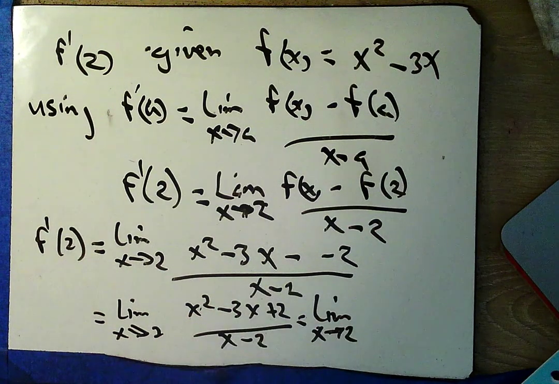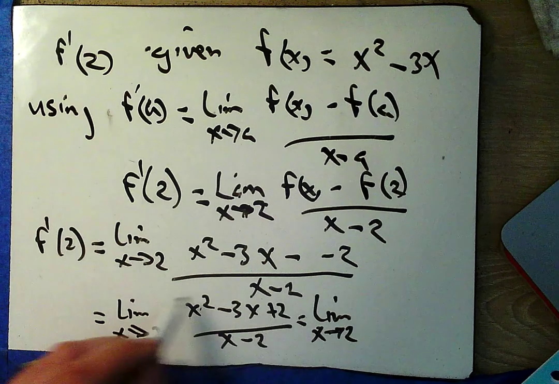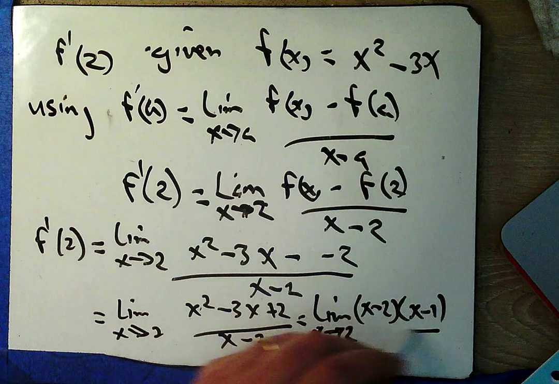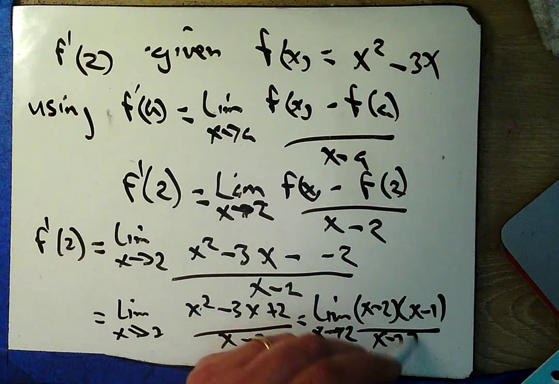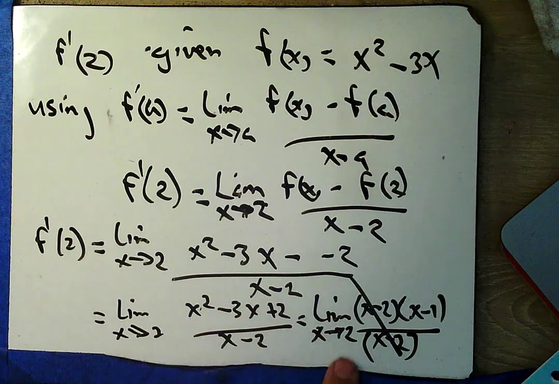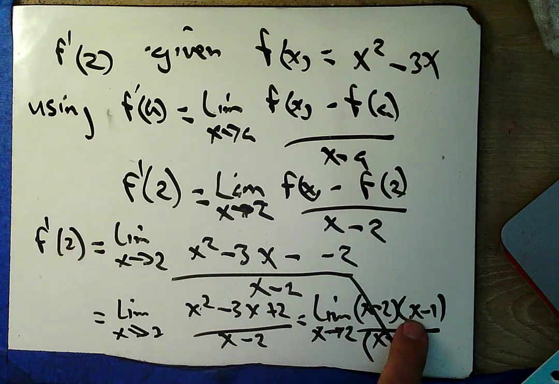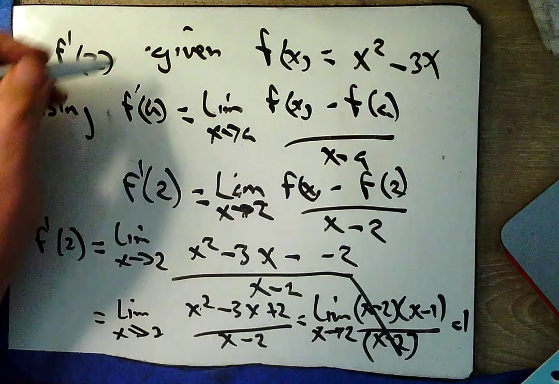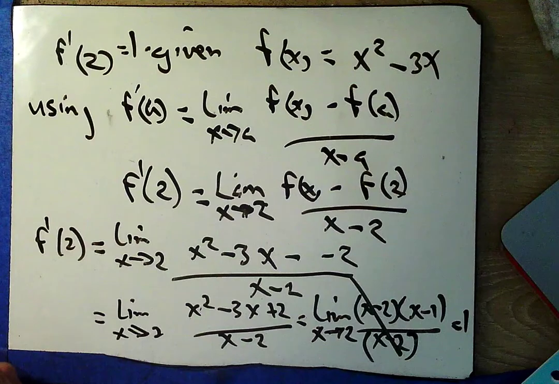I get 0 over 0 again. But this is factorable. X minus 2, x minus 1 over x minus 2. Hey, look at that. And now, once I've canceled those out, I don't have 0 over 0 anymore. I can just plug the 2 in there. 2 minus 1 is 1. So I know f prime of 2 equals 1, using that limit definition of the derivative.